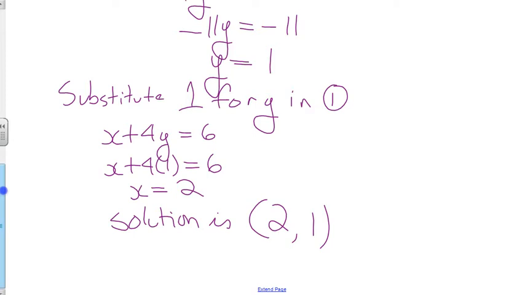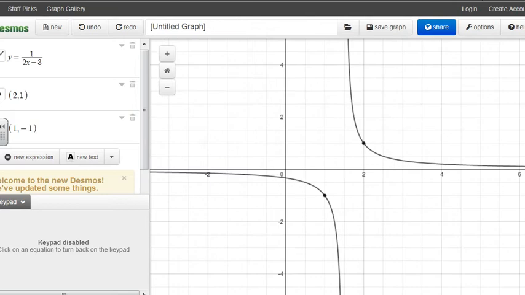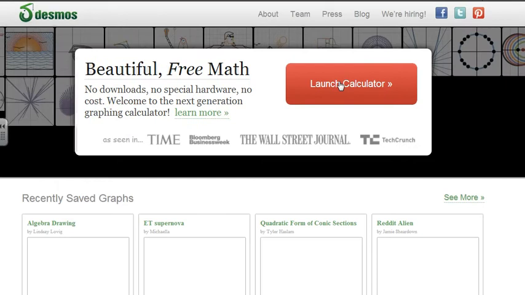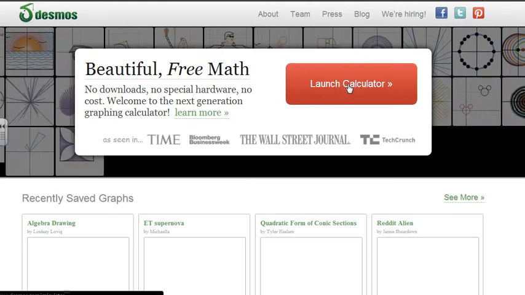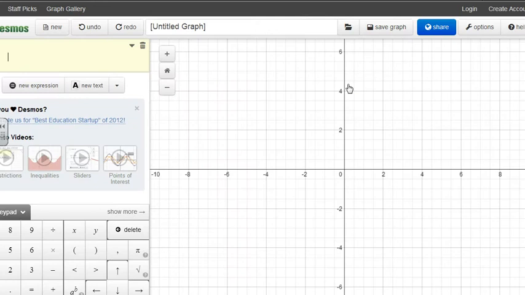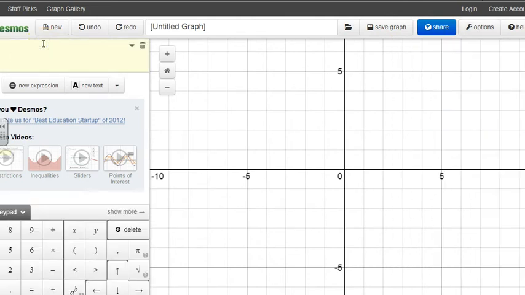Now, if you wanted to check this, an easy way to check this is, let's go to Desmos. Let's clear out some stuff here. I will go into projection mode. There, things get big and bold. The nice thing about Desmos is I can just type in the equations as they are, right?